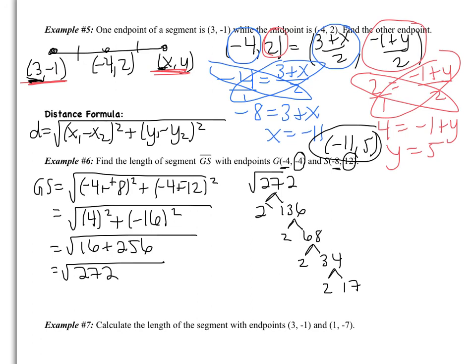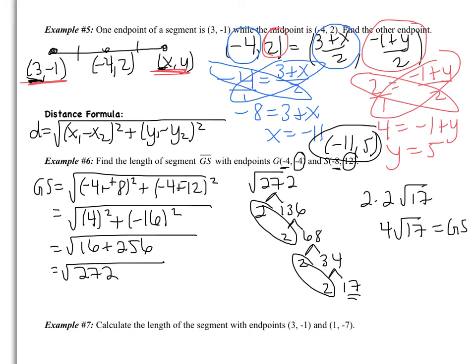Looking for pairs, I have a pair of 2's and another pair of 2's, and that 17 is all alone. One 2 from each pair comes out, 17 stays under the root. So this becomes 4 root 17. That's the length of GS. Anytime it's asking for length, that's just talking about distance formula. So that's distance formula. I know that was a little bit long, but it's not too bad.